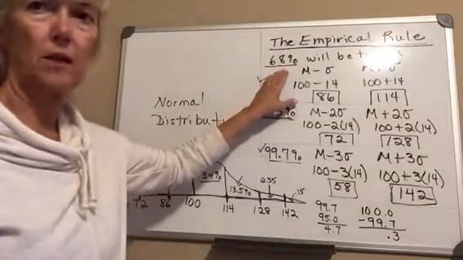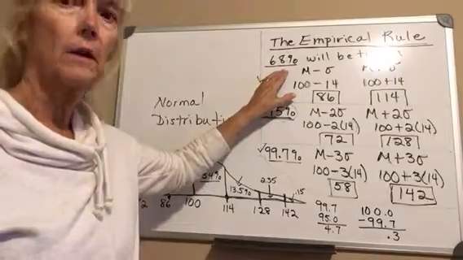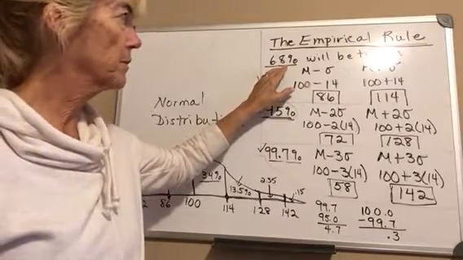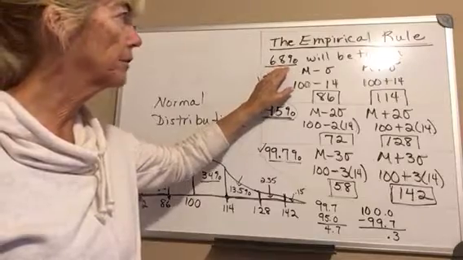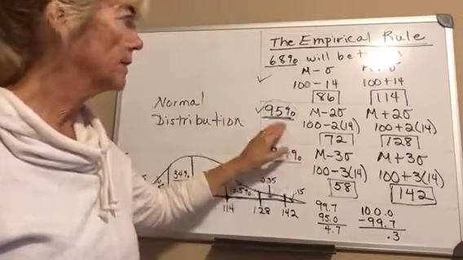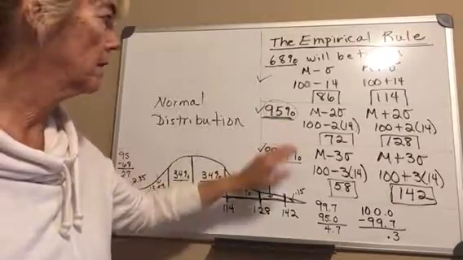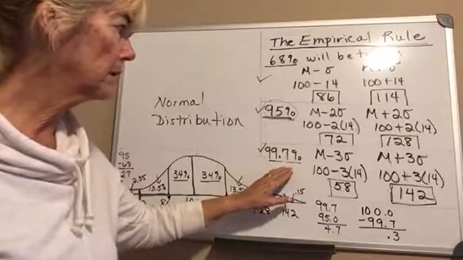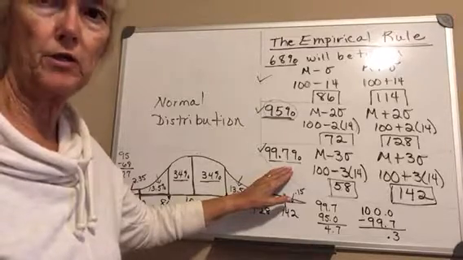These percentages don't ever change. The 68% that you saw when you were studying this, that number never changes. This 95%, that number never changes. This 99.7%, that number never changes.